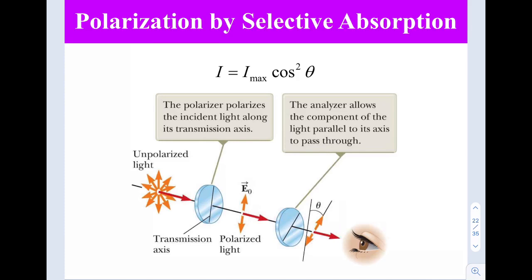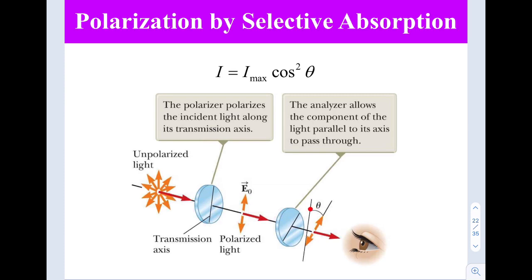The component of E naught perpendicular to the analyzer is completely absorbed. The component of E naught which is parallel to the analyzer axis is transmitted through the analyzer, which is E naught cos theta.